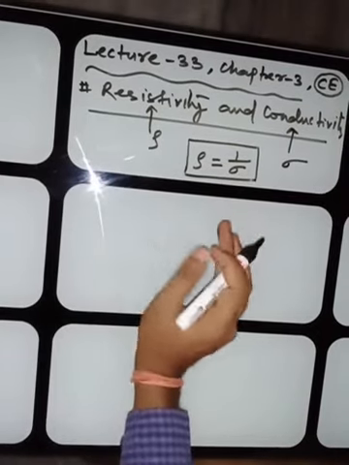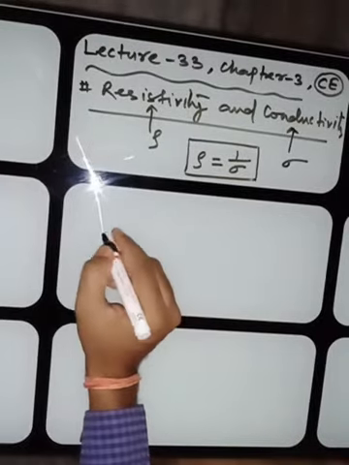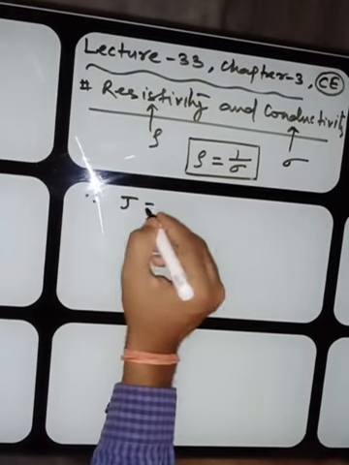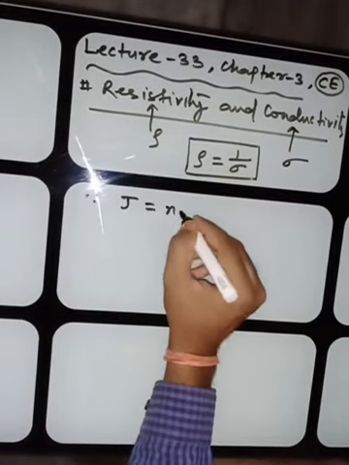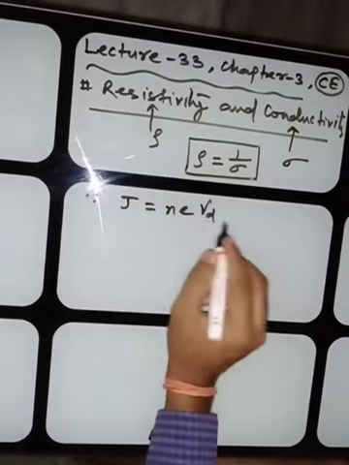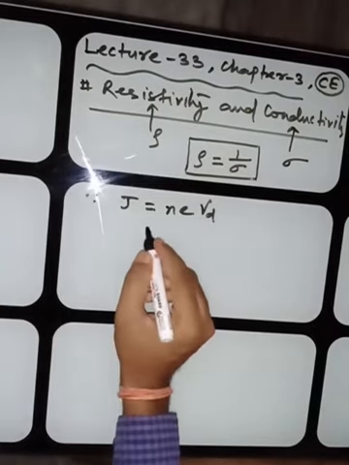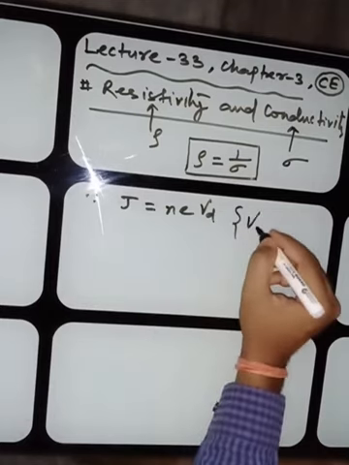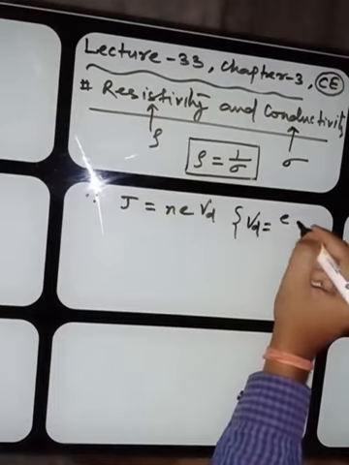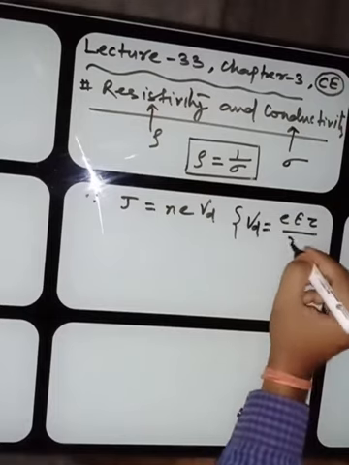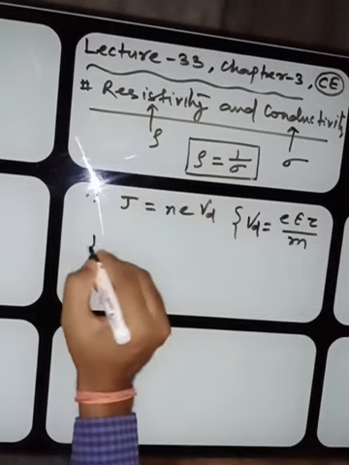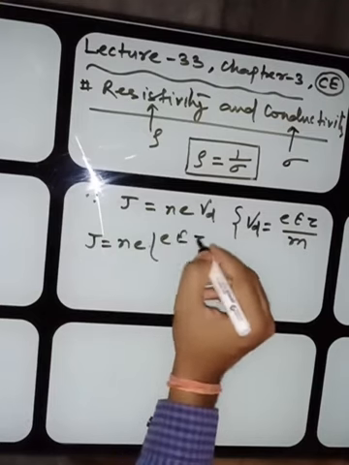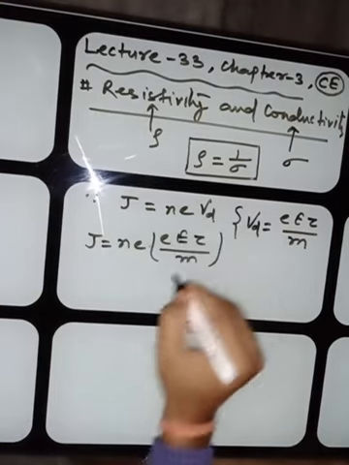Now, my dear student, as we know, J is equal to what we have derived, nevd, the relation between J and drift speed. And we also know that the drift speed is E tau by m. So J can be written as n e and vd, which is E tau by m. Can we write? Yes.